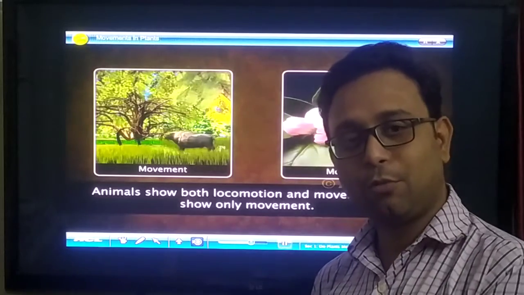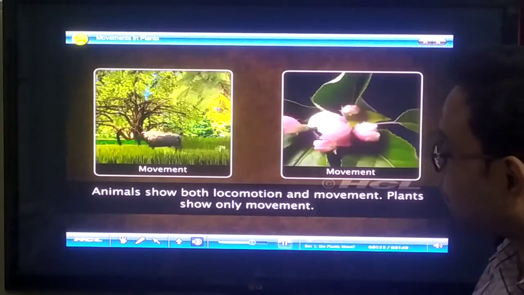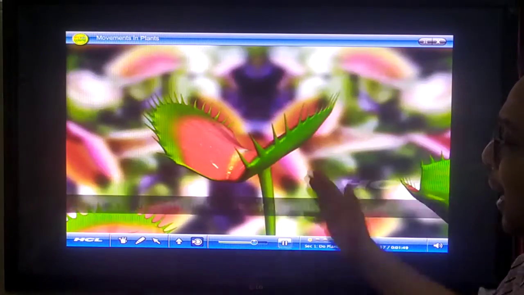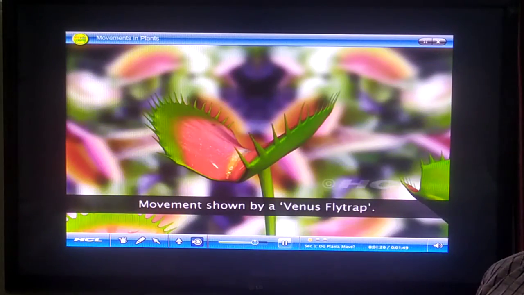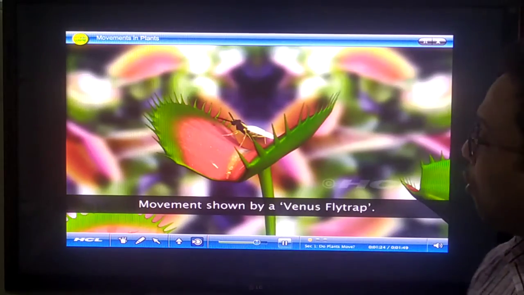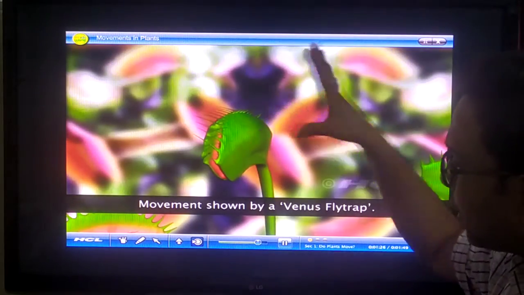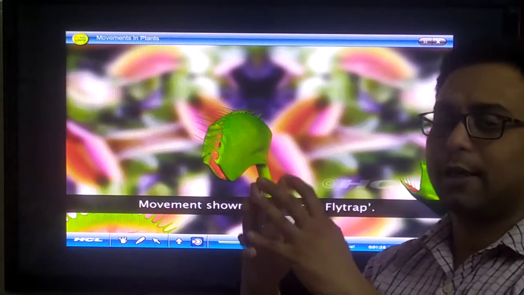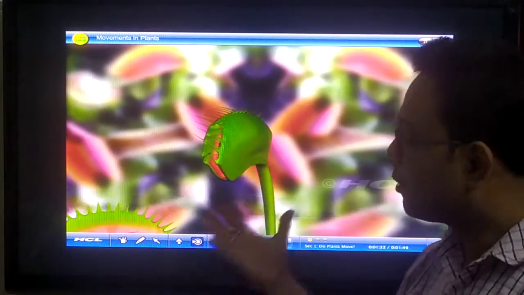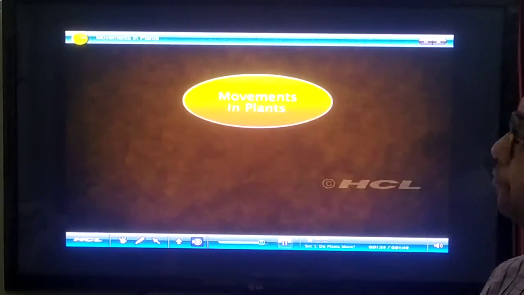So they locomote from one place to another. So animals show both locomotion and movement, but plants show only movement. Like you can observe in the Venus flytrap. When insects land in it, it closes its lids. This is an example of movement, and that is happening in the plant.